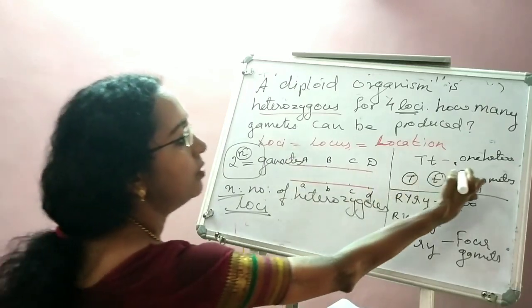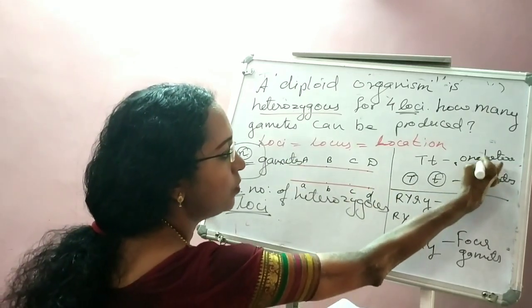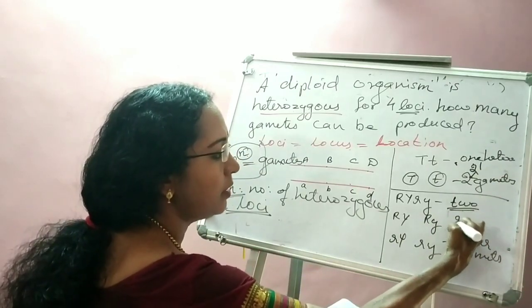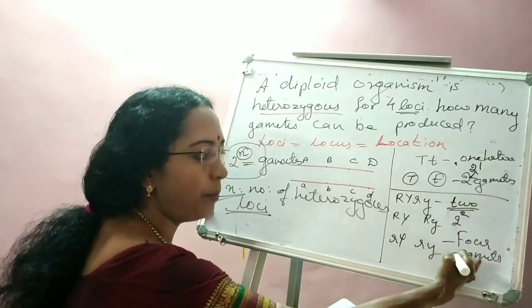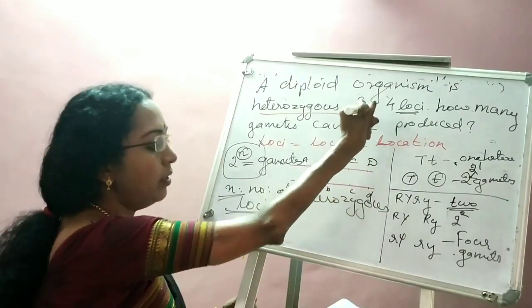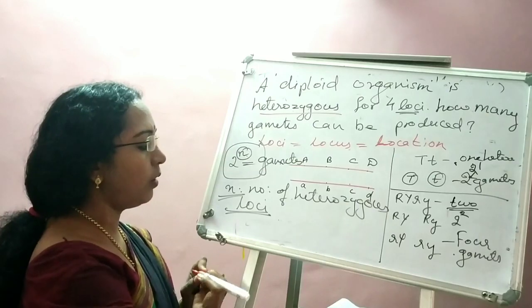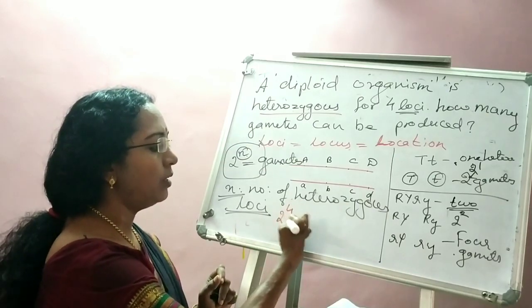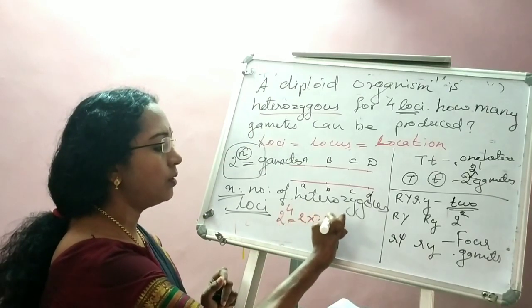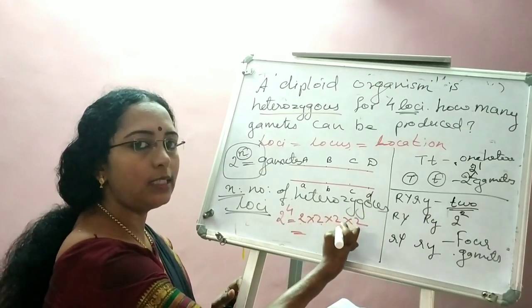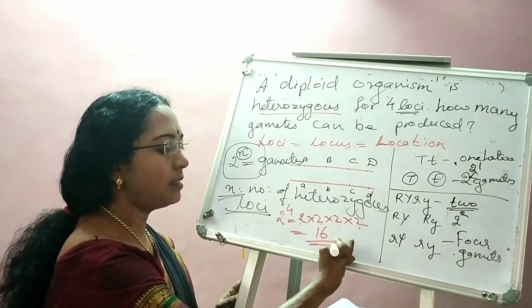So here 1 heterozygous locus, 2 raised to 1, so 2 gametes. Here 2 heterozygous loci, 2 raised to 2, so 4 gametes. Here we have 4 heterozygous loci. So for 4 heterozygous loci, how can I write? 2 raised to 4, that is 2 into 2 into 2 into 2. So 2 into 2, 4, 4 into 2, 8, 8 into 2, 16 gametes I will get.